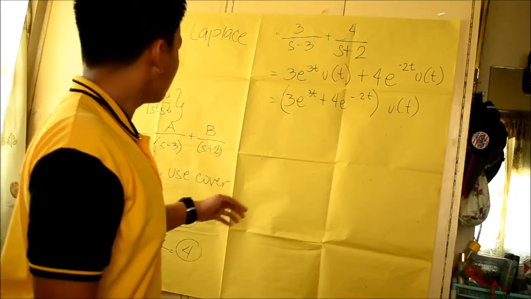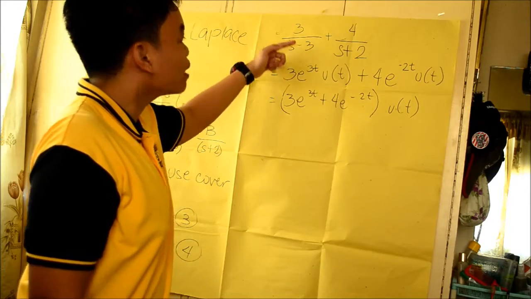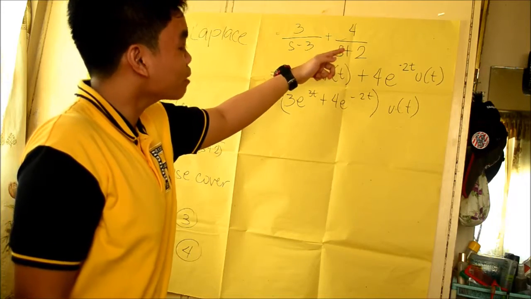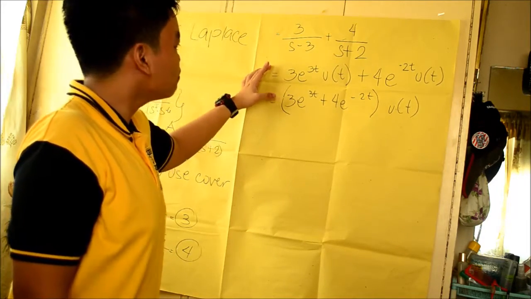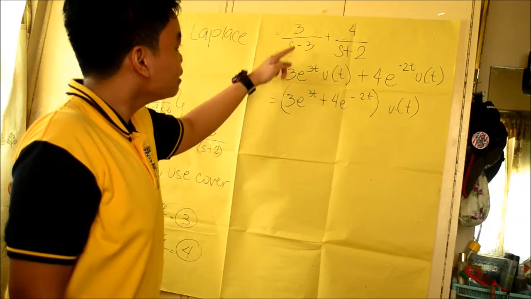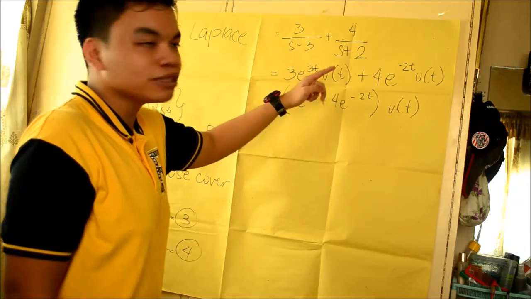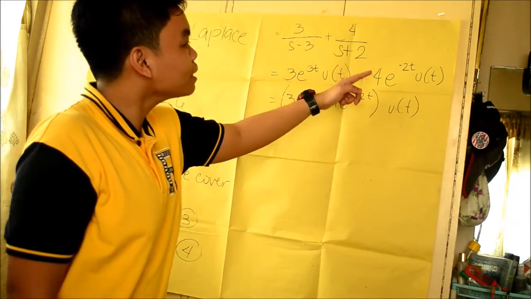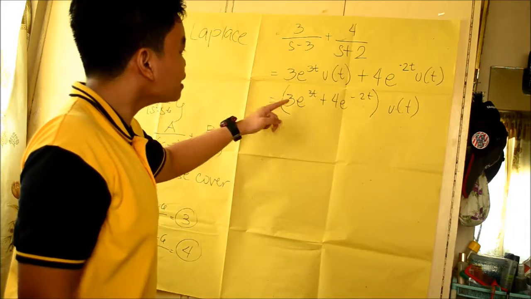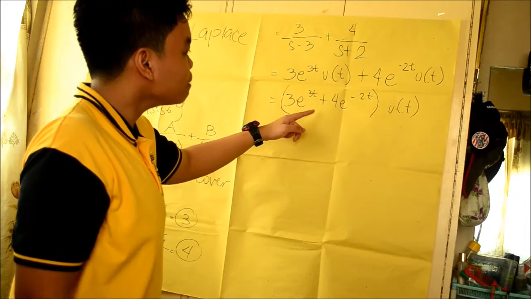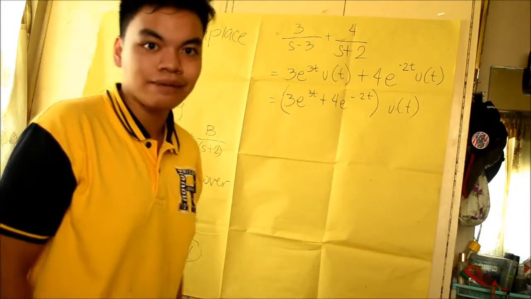So, we will substitute the values of a and b. 3 over s minus 3 plus 4 over s plus 2. And following the table of Laplace, we will have 3e raised to 3t u of t plus 4e raised to negative 2t u of t. Then, simplify: 3e raised to 3t plus 4e raised to negative 2t, u of t.